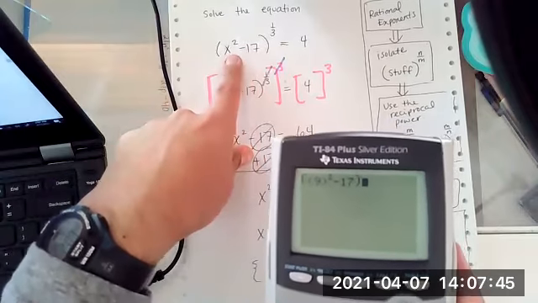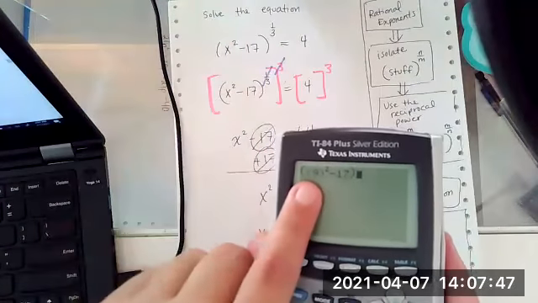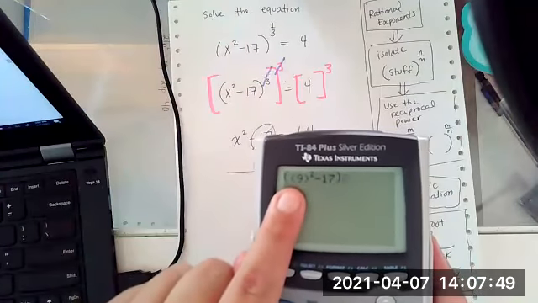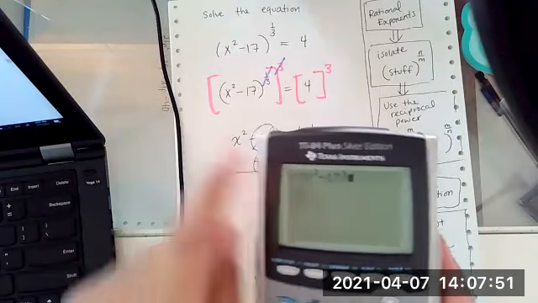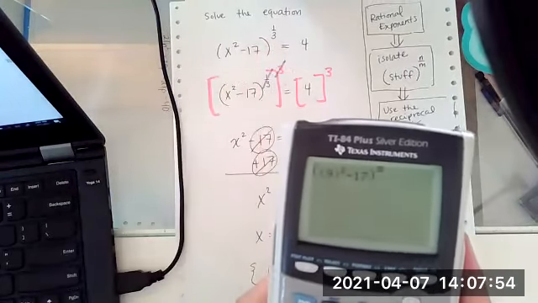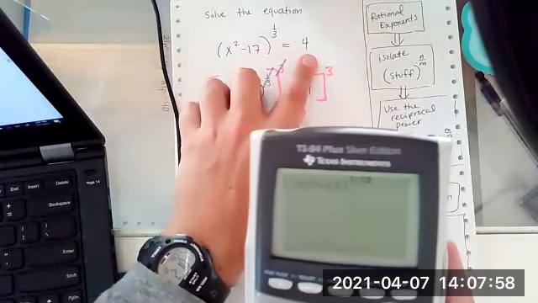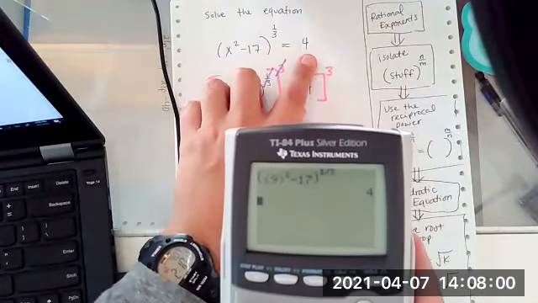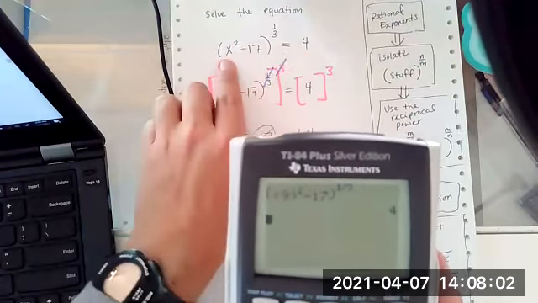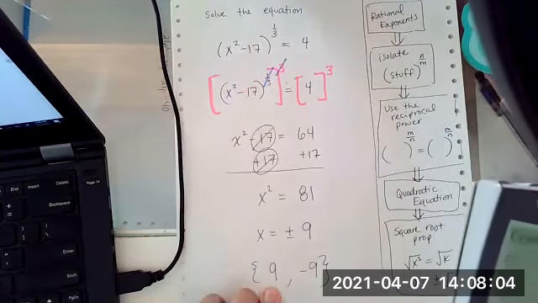So anytime I plug in a number, that number needs to be in its own set of parentheses. I'm going to raise that to the 1/3 power, and see if I get 4. So sure enough, positive 9 worked, so that solution works.